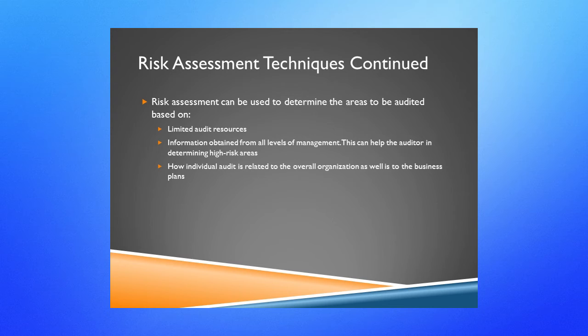Again, back to priorities. What should we look at first? Now, how the individual audit is related to the overall organization should also be considered, as well as its linkage to the business plans. Your audit objectives refer to the specific goals that must be accomplished during the audit as a part of the plan.